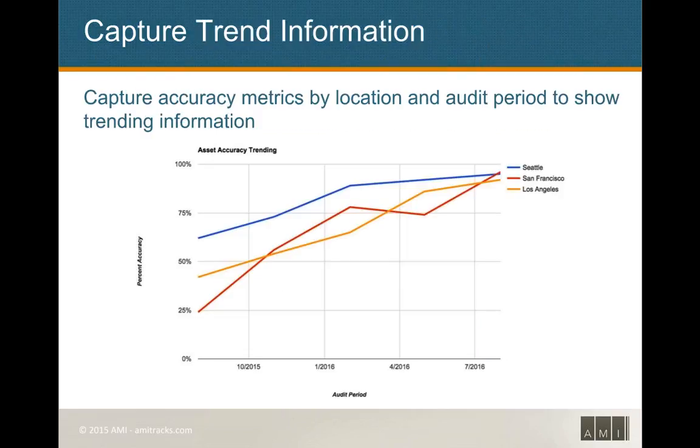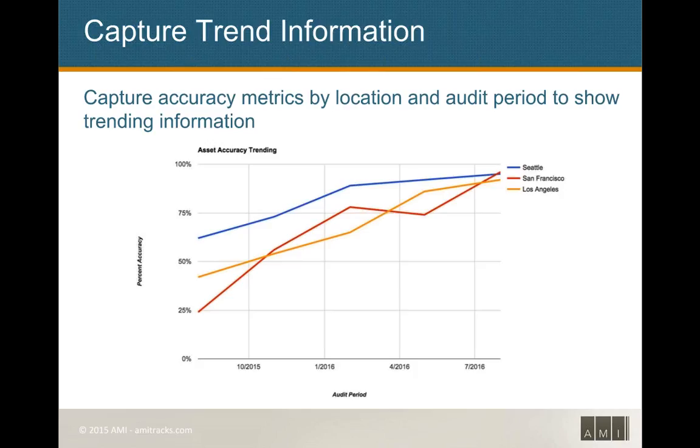In addition to just correcting data in the database and tagging assets that are missing so that you can follow up and do something about that, you want to make sure that the audit solution that you have logs statistics about those audits.